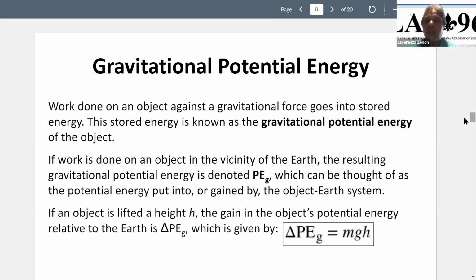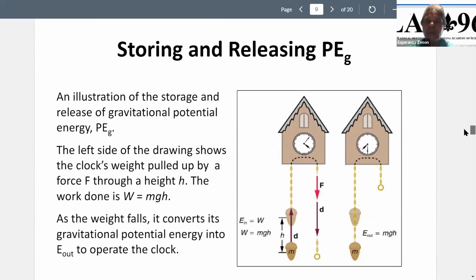So work, kinetic energy, and gravitational potential energy are all interchangeable. They're all measured in the same unit, joules. And that's what's shown in the picture here.